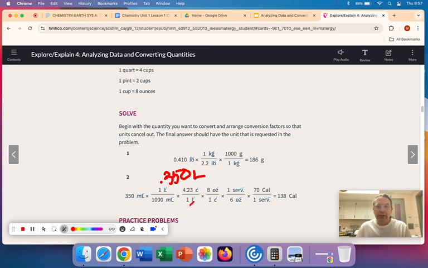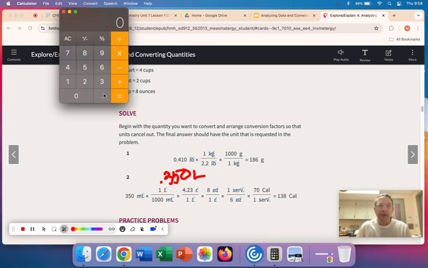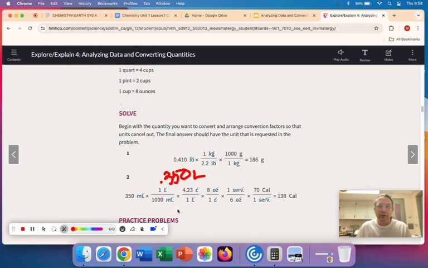If I multiplied that by the relationship of cups to liters, 0.350 times how many cups that is, that's about 1.485 cups, or 1.49 cups.